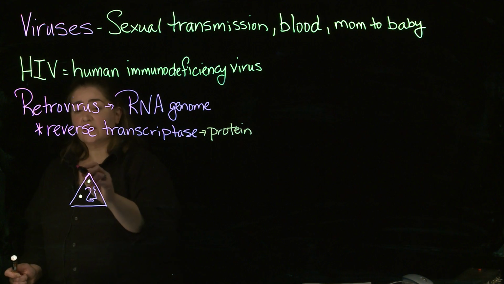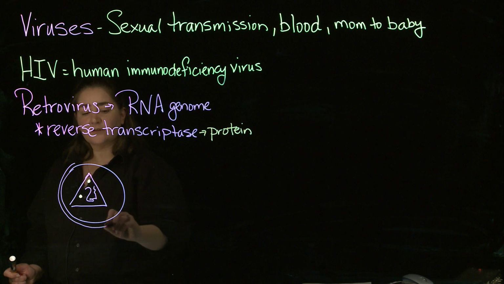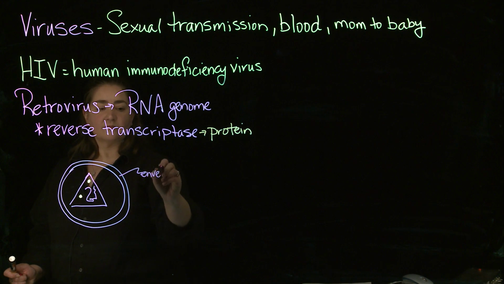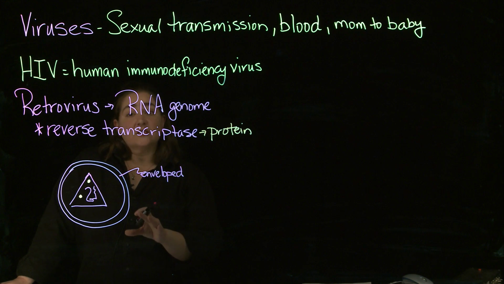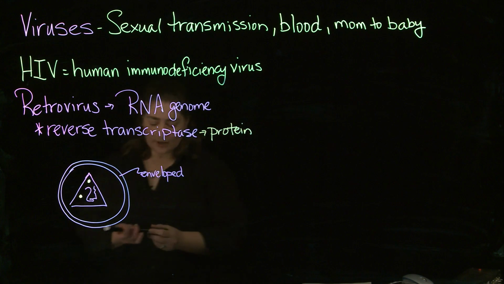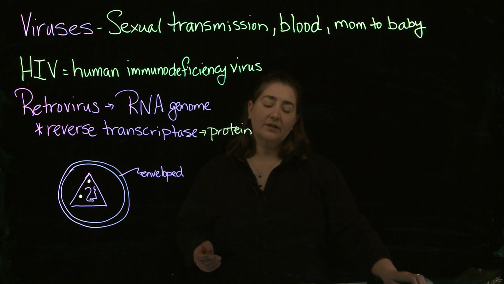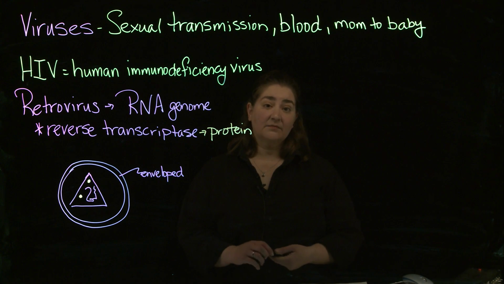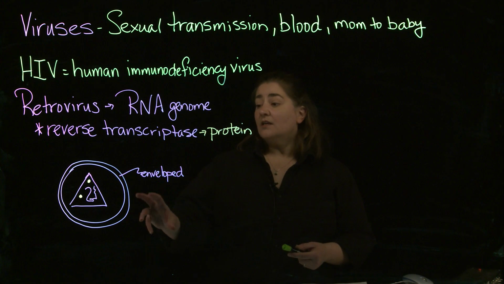The HIV virus is an enveloped virus. All right, so in terms of that, enveloped viruses are a bit more susceptible to various cleaning reagents. So they're easier to clean, say, than some other viruses that are naked viruses.